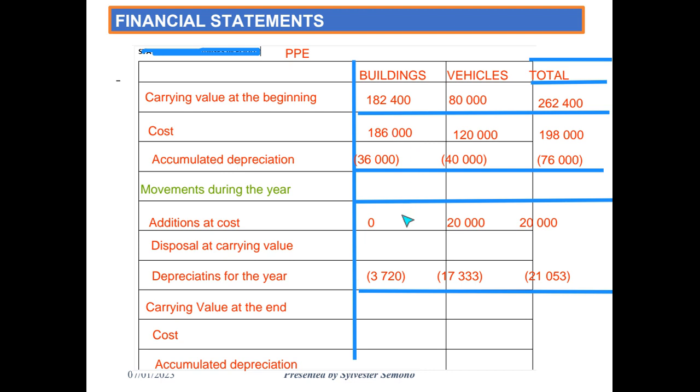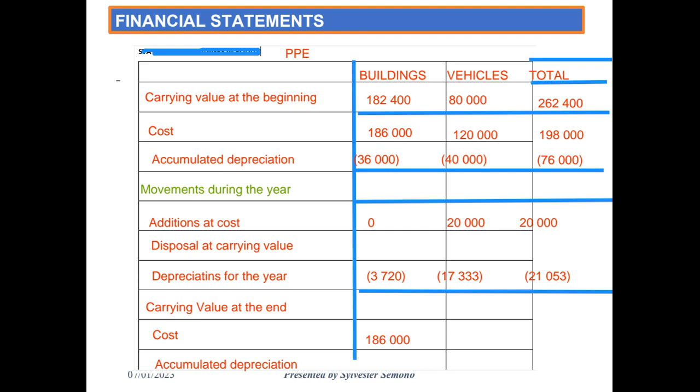We didn't buy any new one and we didn't sell any. So the cost is 186. You must say the cost at the beginning, add the new asset that you bought, less the one that you sold. But nothing has happened, so what I started with, I ended with. Does that make sense? Yes.